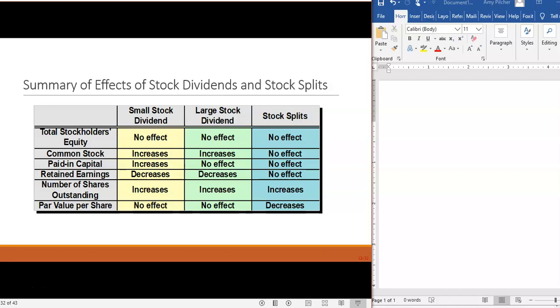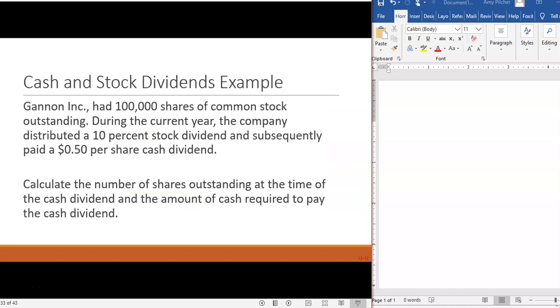And stock dividends, both small and large, decrease the amount in retained earnings. In every case, the number of shares outstanding increases. Stock dividends have no effect on the par value per share, but stock splits decrease the par value per share and then often decrease the market value per share.